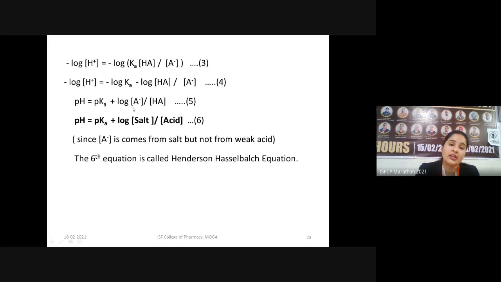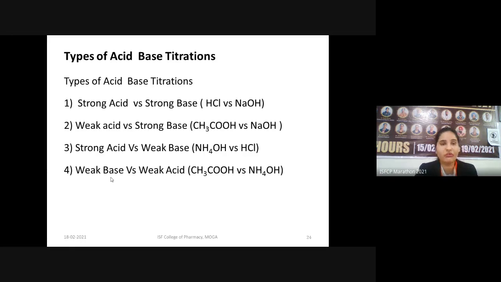A negative is nothing but it is the anion which we get from the salt. So here in the place of A negative, I am writing down the concentration of the salt divided by the concentration of acid. So this is all about this equation. So next we will be discussing different types of acid-base titrations.